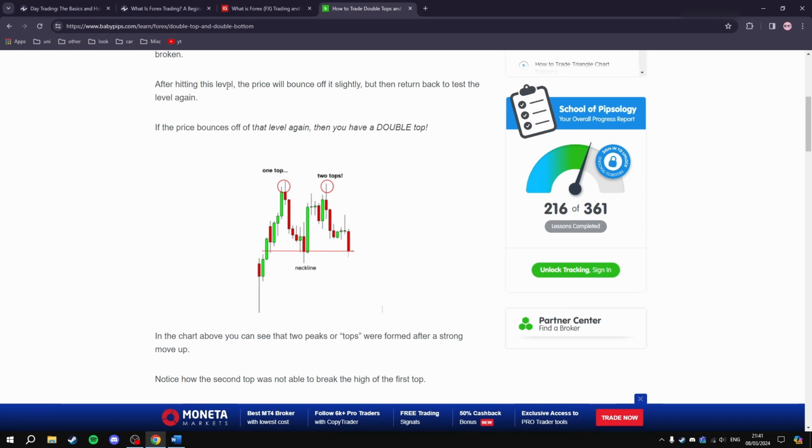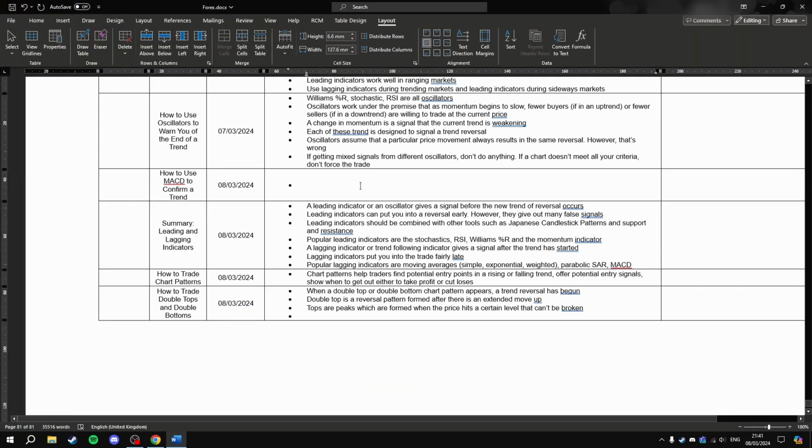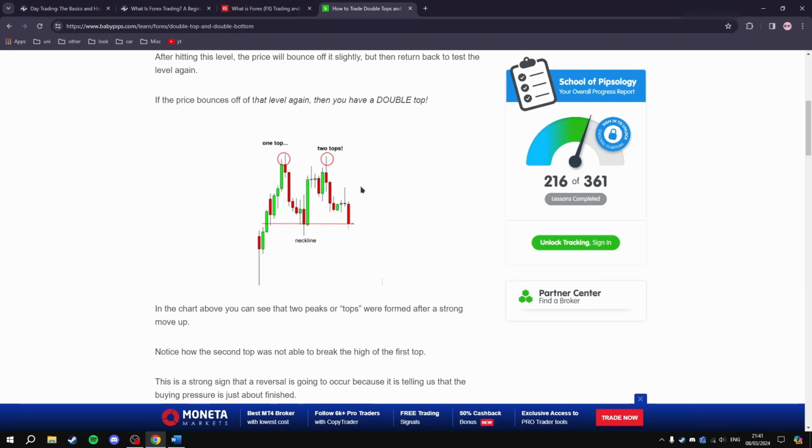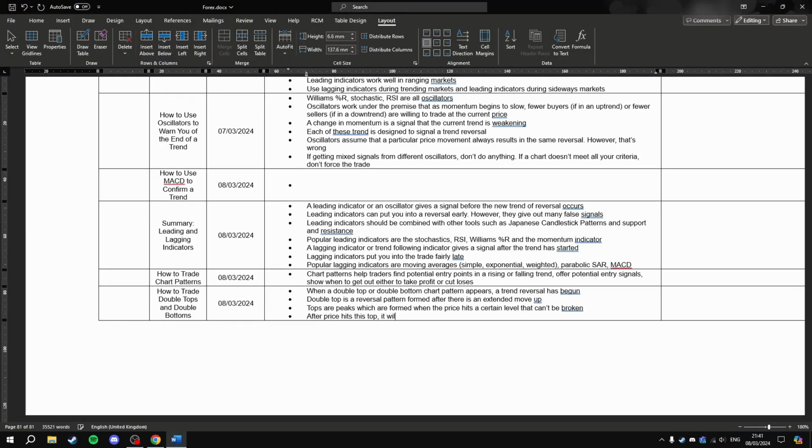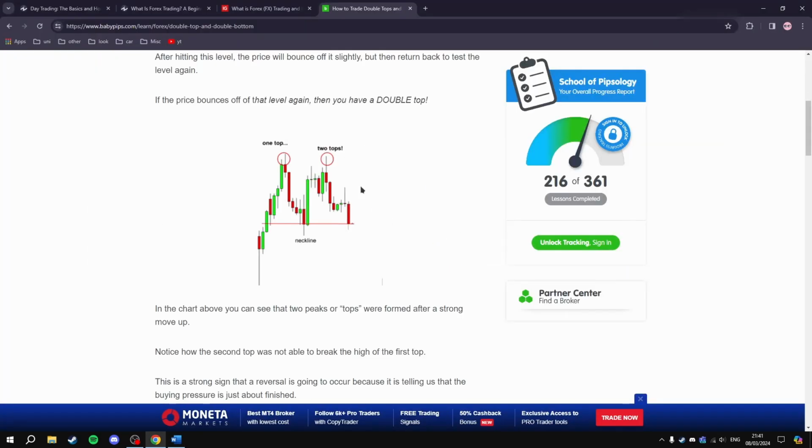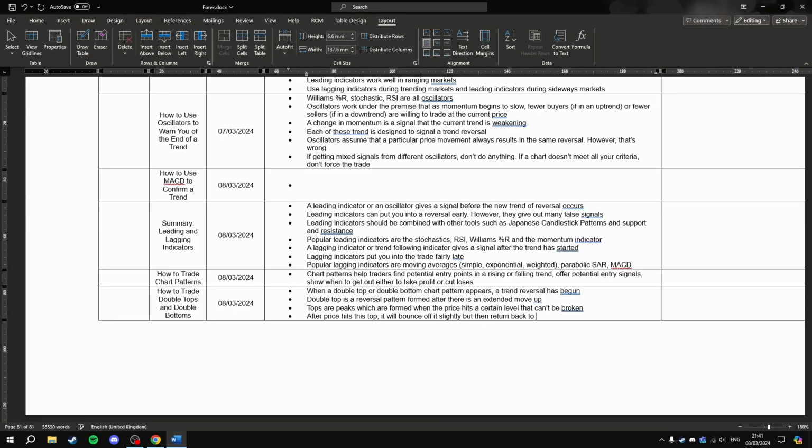After hitting this level, the price will bounce off it slightly, but then return back to test the level again.